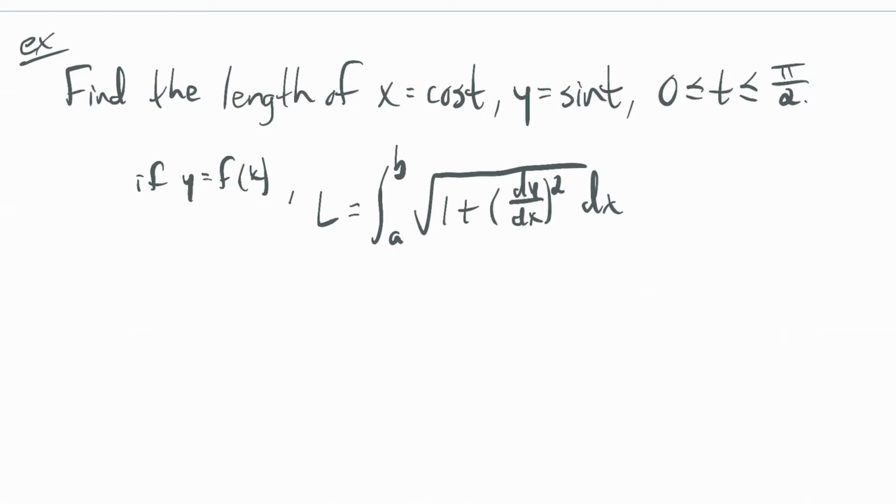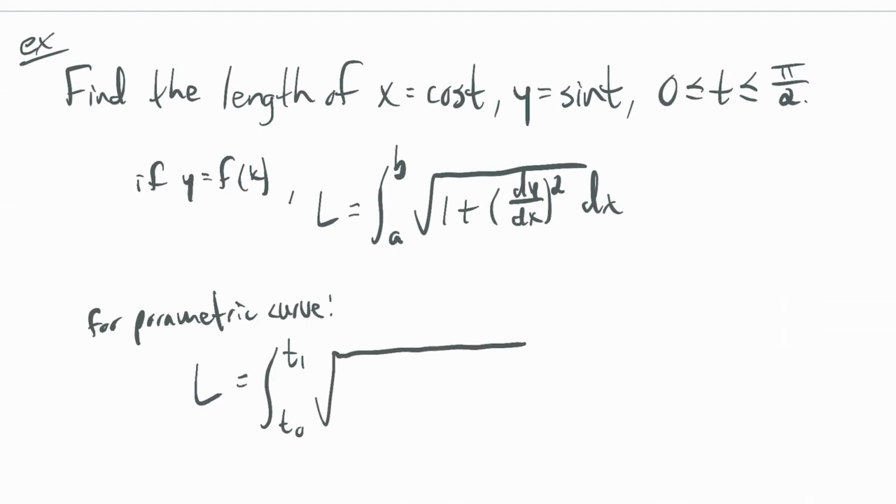So for a parametric curve, L will be the integral from t0 to t1, whatever your interval is, which I guess I could call a and b, of the square root of (dx/dt) squared plus (dy/dt) squared dt. And again, the reasons are not super difficult; they're just tedious.